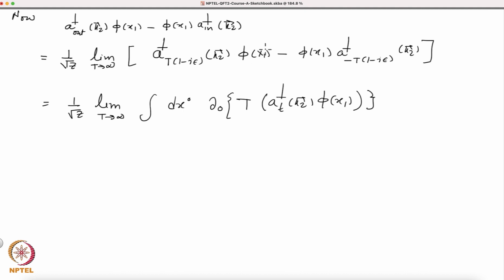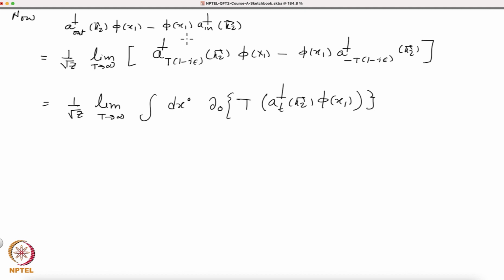So you have time as t1, some time t1. The field or the operator that carries time t1 is sitting to the right, and then the operator which carries time capital T, and you remember T is going to infinity.